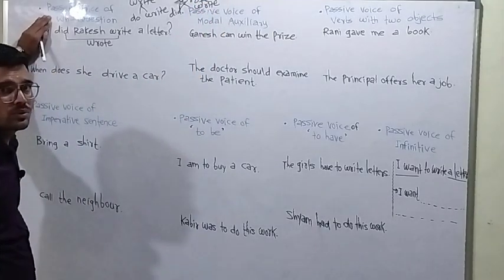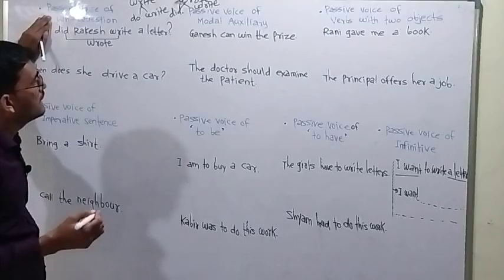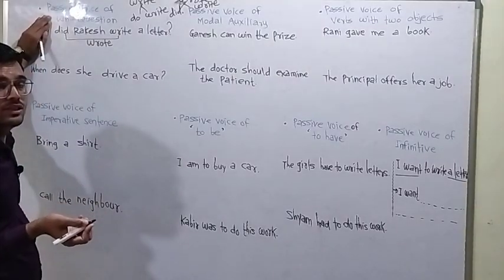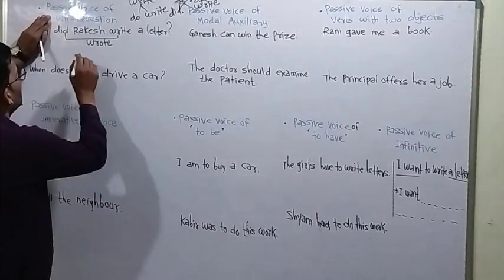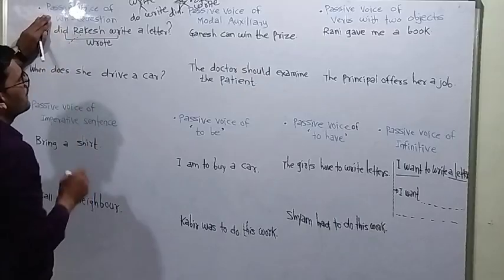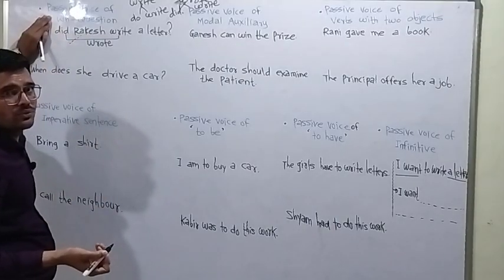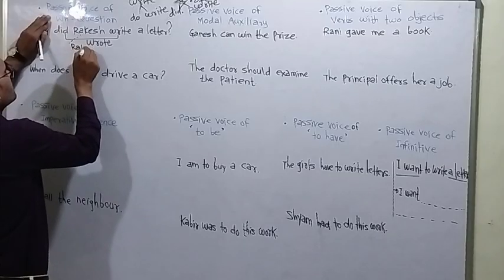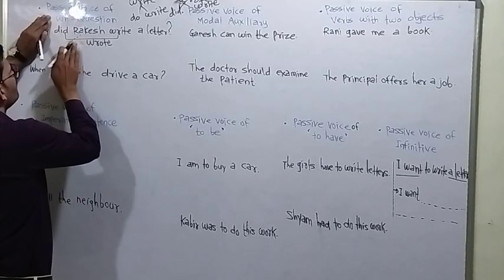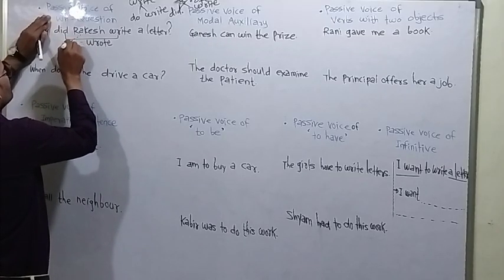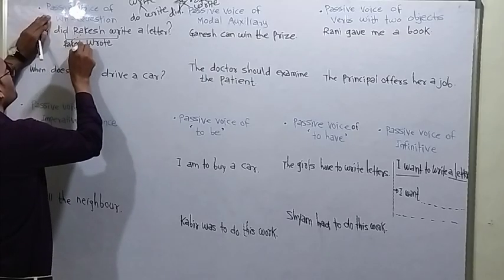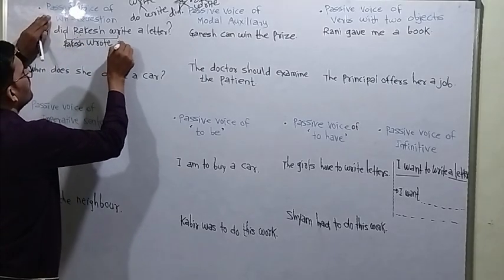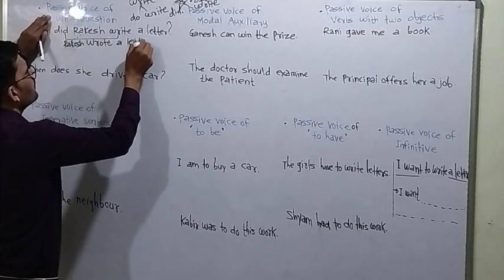It is very important to know. If we add did plus write, that is converted into wrote in this way. So we are going to take the assertive type. What? Rakesh wrote a letter. Okay, in this way we have to solve.